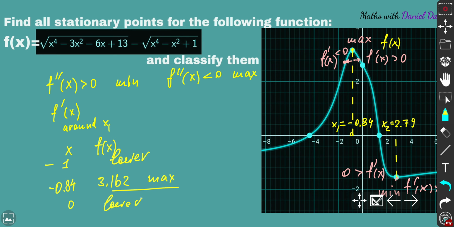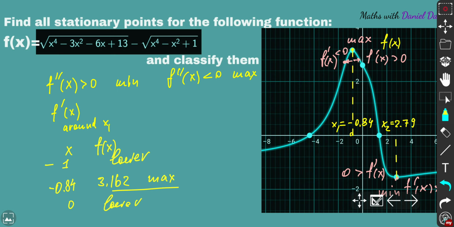So that's how you can play with values instead of going the classical way, or just using the GDC to clearly state that this is maximum, this is minimum. But for the complete exploration, you need to prove it somehow.